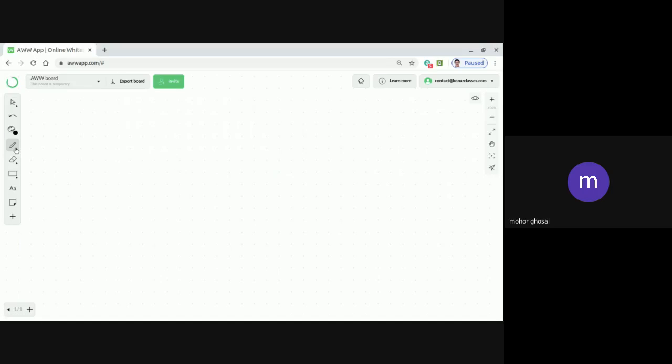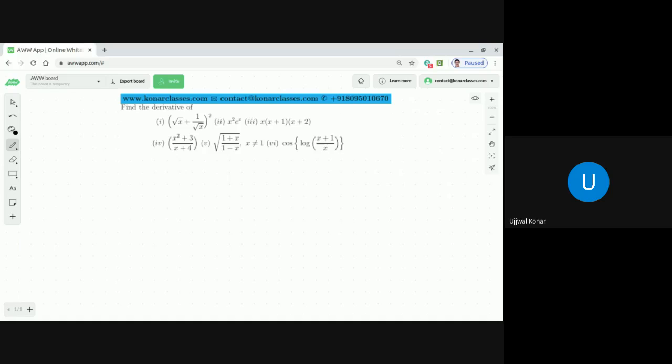Okay, the first part of the question we already discussed yesterday. Does anyone have any doubt on the second one, x square e power x? I got e to the power x into 2x plus x squared. I got e to the power x into x cubed by e plus 2.